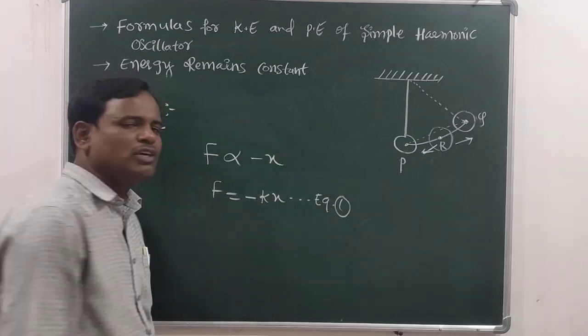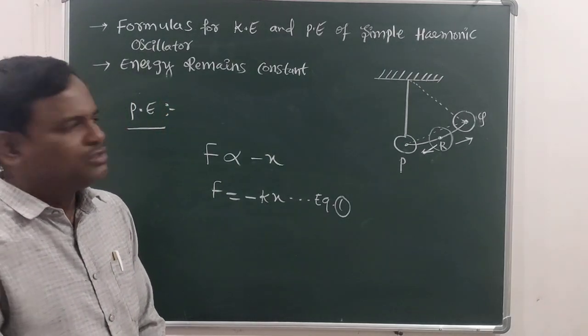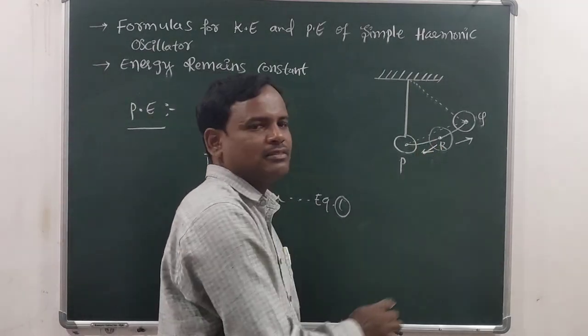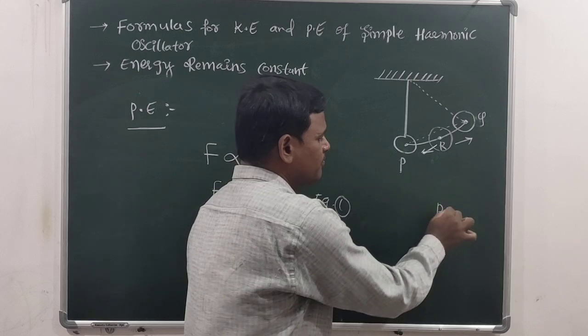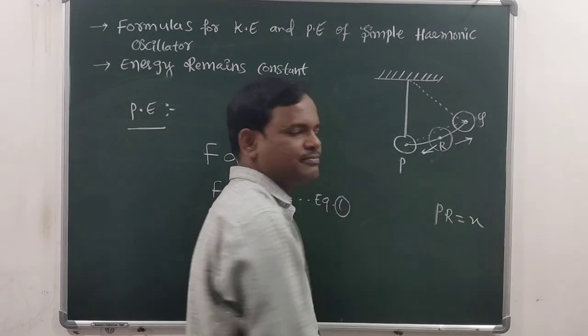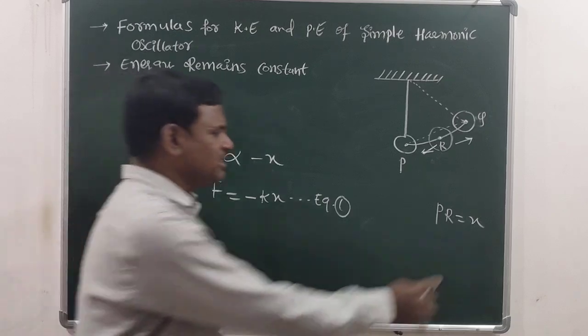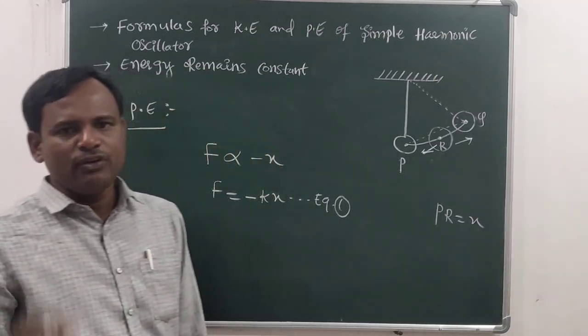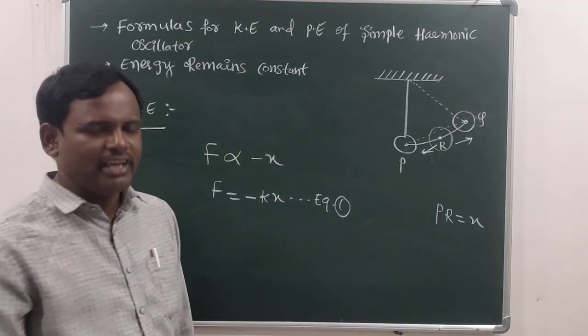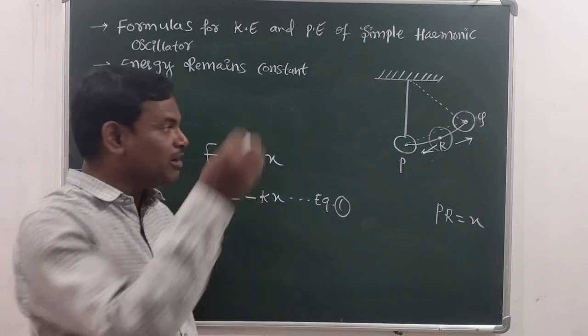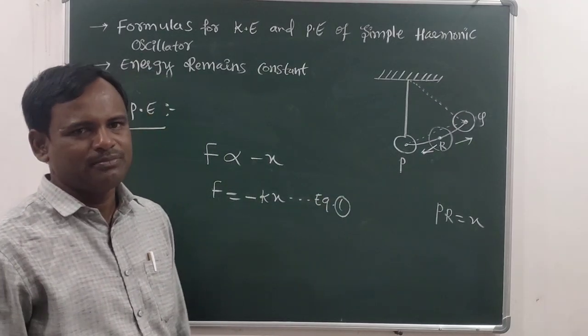Next, students, observe carefully. Now the bob is at R. The distance from P to R is small x. Now I want to make a very small change in x. If you make a very small change in x, automatically some work will be done on the bob.